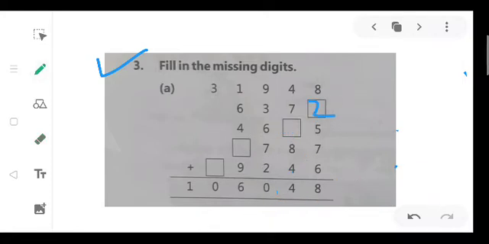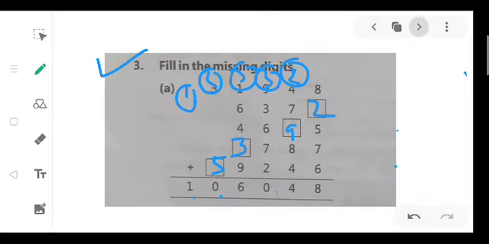Here comes 2, here it was 9, 2 was carry here, here 3 was carry, and here again 3 carry, and in this blank area it comes 3, here it is 5, 2 was carry, it become 10, and 1 was carry and 1 here. Clear student? In this way you can do B part also.